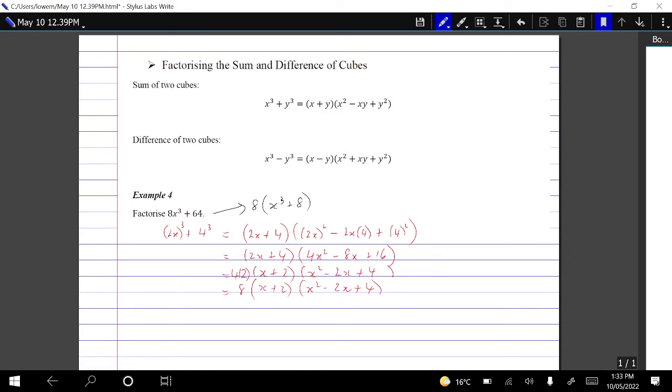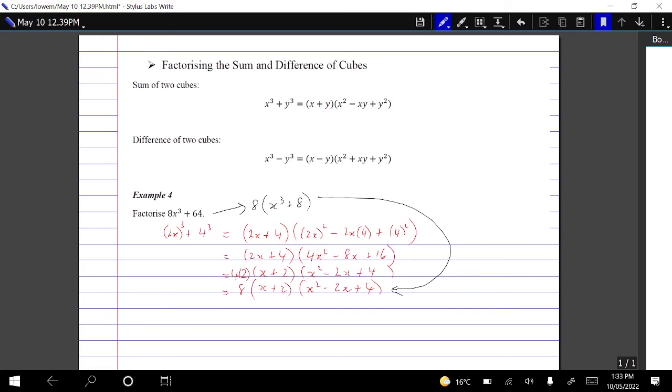And from that point, we could use our rule for the sum of two cubes. We've got x cubed, but instead of plus y cubed, we've got plus 2 cubed, which means we could go straight to that last line.